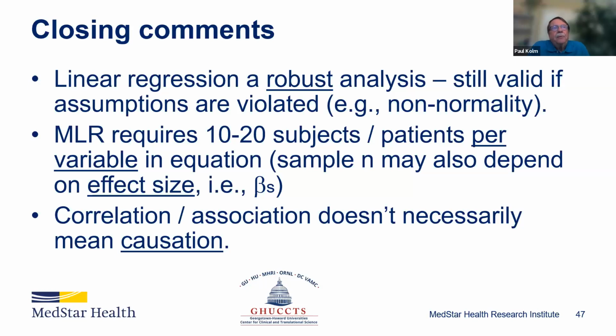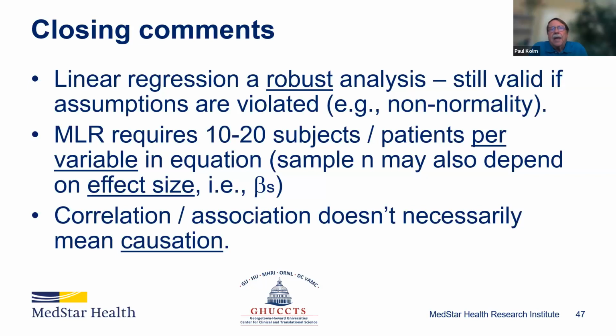And if we're doing multiple linear regression, the rule of thumb is that you need 10 to 20 subjects or patients per variable in the equation. So if you have, say, 5 variables in there, then you should have at least 50, but 100 subjects would be even better.